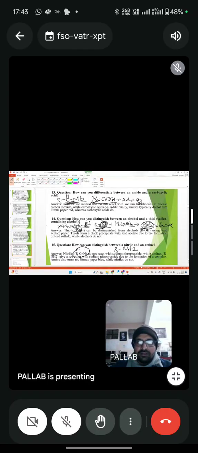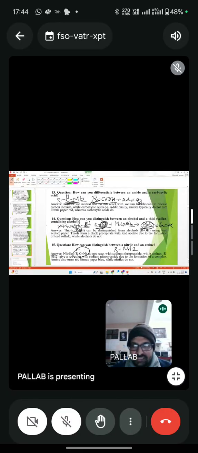Now, amine and nitrile both do not react with sodium nitroprusside in general. Only amine reacts with sodium nitroprusside and not nitriles, and gives a red colored compound.